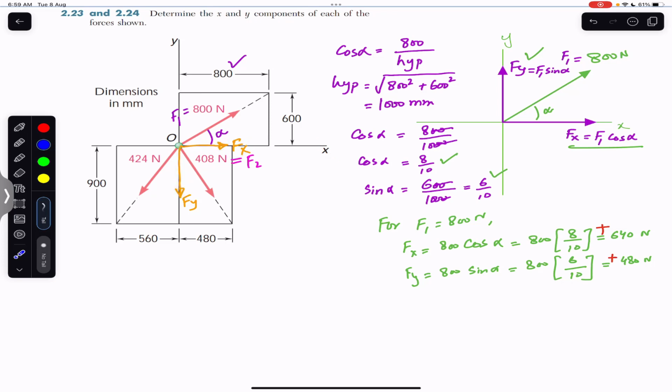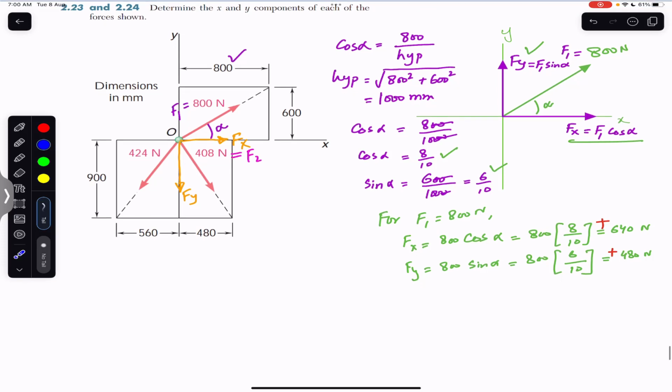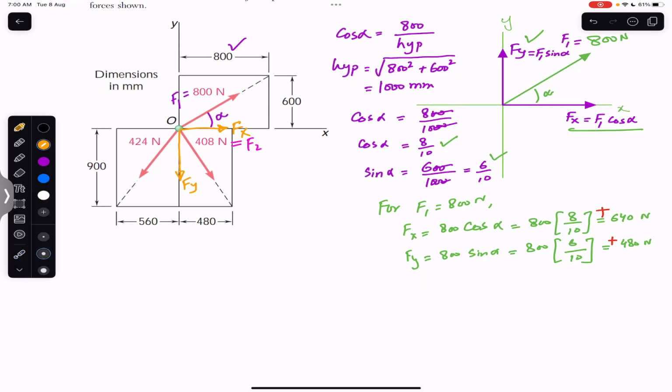And let's say that the f2 is making angle beta here with the y-axis. So let's say this angle is beta. Now the angle is made with the f of y component, so f of y will be the cos component. So we can say that for f2 equals 408 Newton, the f of y is the cos component, which will be f2 cos of beta.